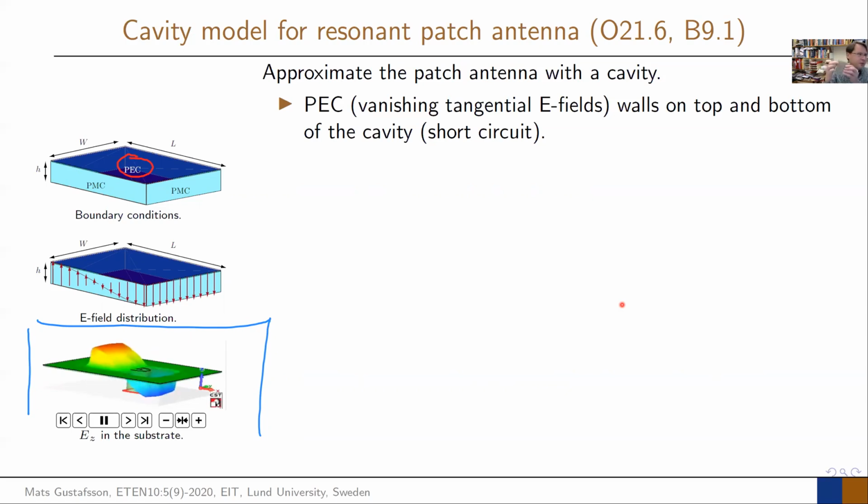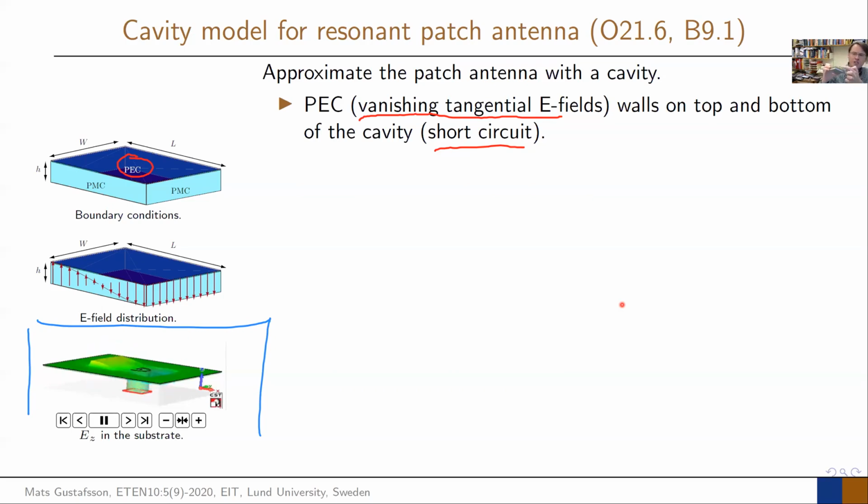So on top of your patch, metal there, metal there. Say this is now a perfectly electric conductor, which means that the electric field has no tangential components up there. And what you can think is happening, it's a good conductor, so this means there is a short circuit. And that is what's happening, top and bottom.